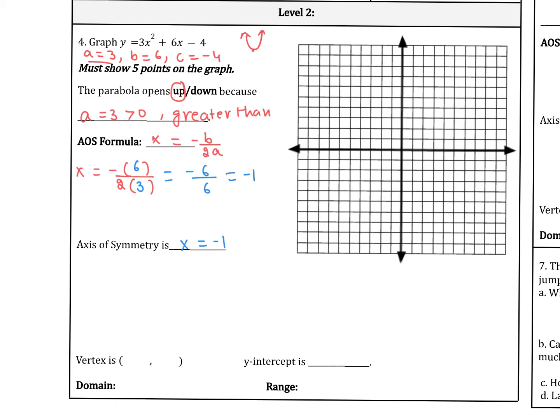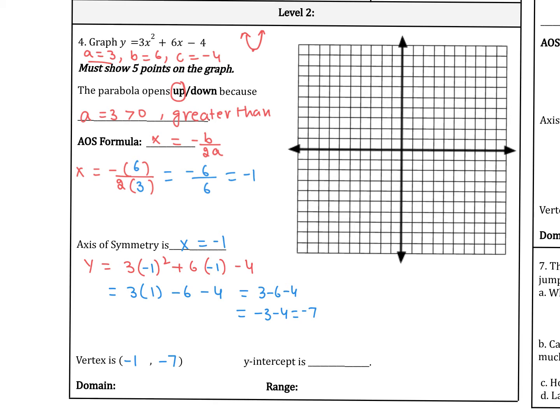For finding y, put the bracket around x because here you're going to plug the value for x. So the x is going to be negative 1. 3 times 1 minus 6 minus 4, and that's going to be 3 minus 6 minus 4, which is negative 7. So that's going to be negative 1 comma negative 7.